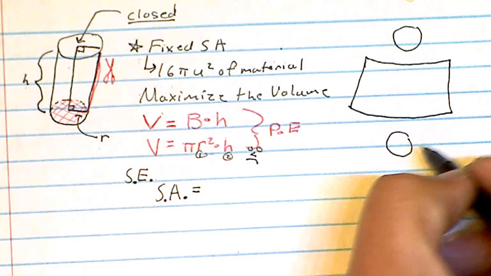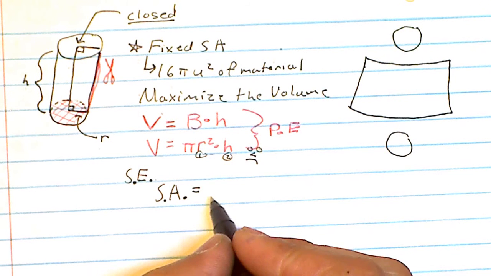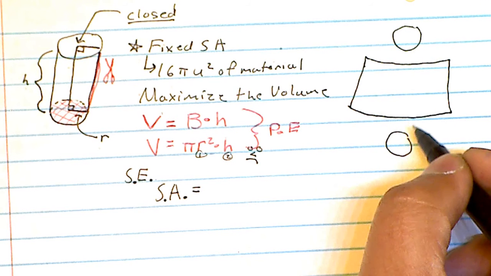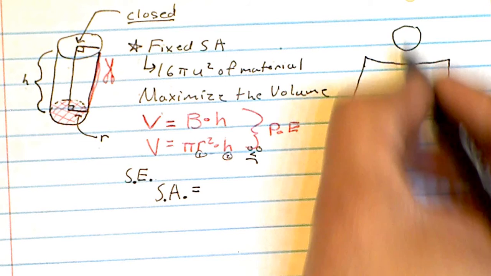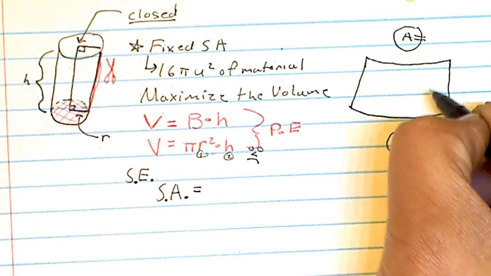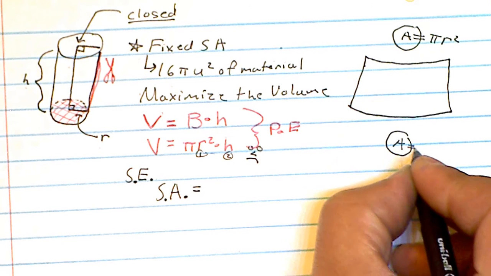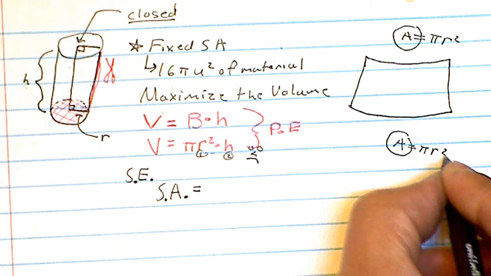So surface area would include the area of the biscuit can after it's open. What would the area of these 2 pieces of the can equal? Pi r squared. And this area would be pi r squared. So we have 2 pi r squared.